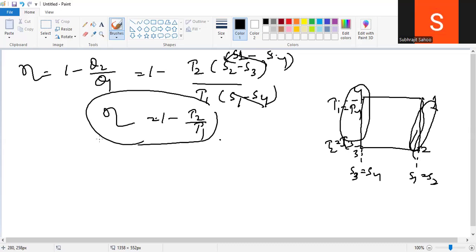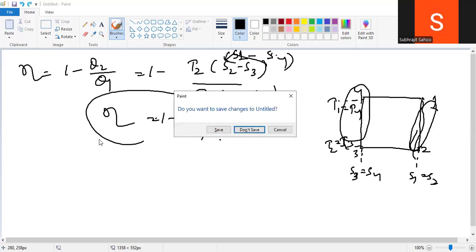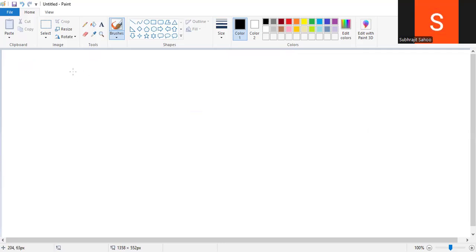In the same way, observe. Same way, just the direction will be changed in the reversed Carnot cycle. What is the order, 1 to 2, 2 to 3, 3 to 4? Now in the reversed Carnot cycle, that order will be totally reversed.